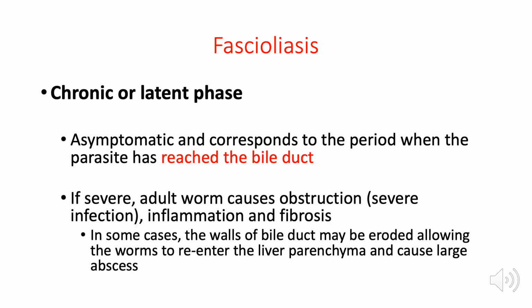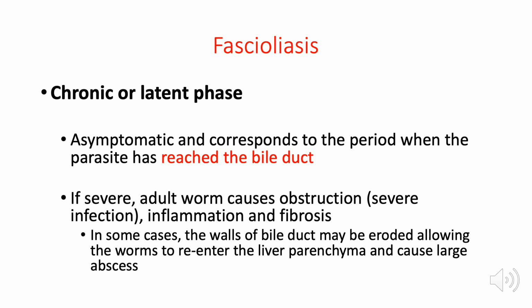During the acute or invasive phase, the metacercaria or the immature fluke is penetrating through the Glisson's capsule of the liver into the liver parenchyma so that they can reach the bile duct. Do you know, once these worms reach the bile duct, the patient will progress from the acute or invasive phase to the chronic phase.